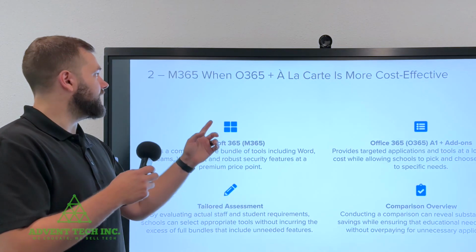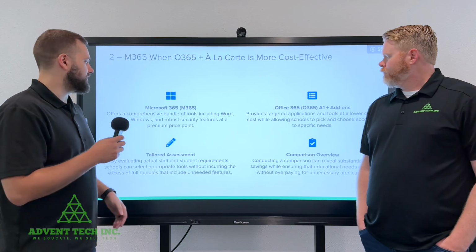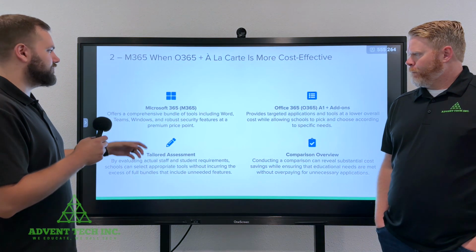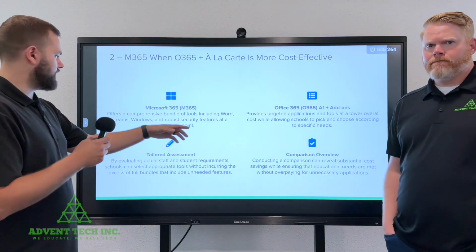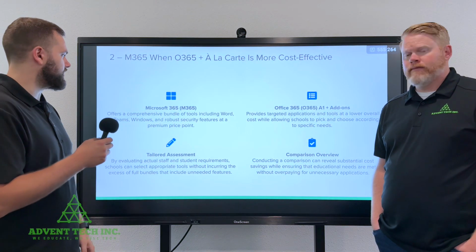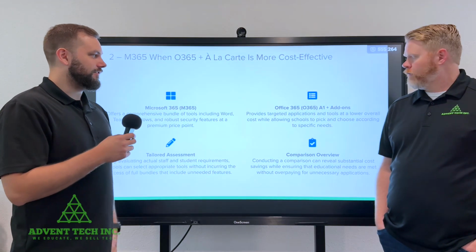So the next one's going to be M365 when O365 a la carte is more cost effective. M365 is going to offer a comprehensive bundle of tools. It always will include Word, Teams, Windows, robust security features with downloadable apps. Office 365 plus add-ons.